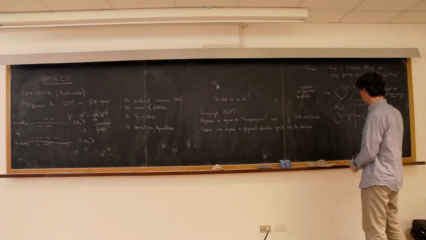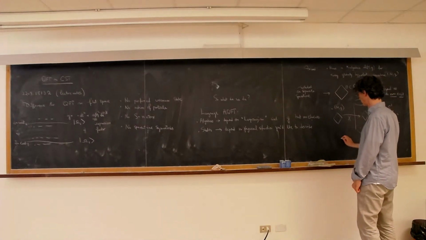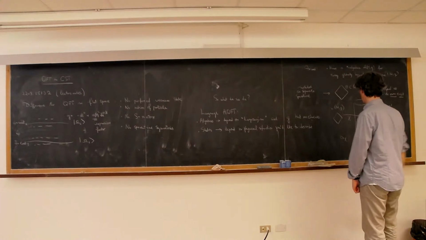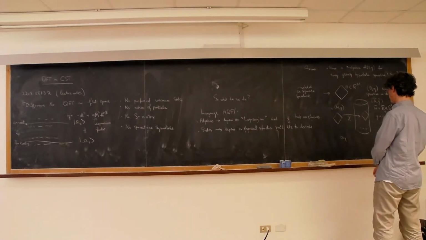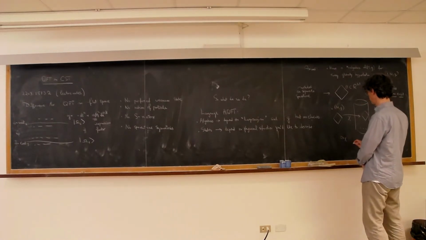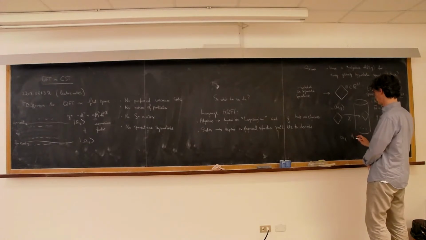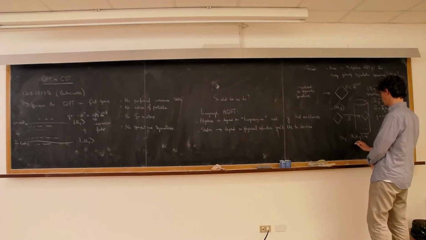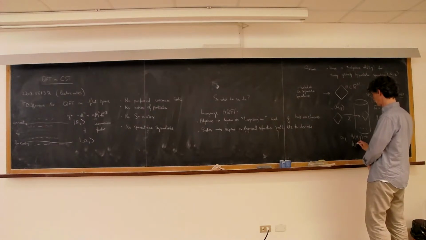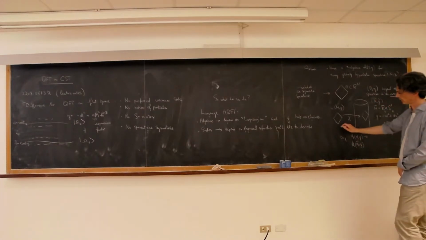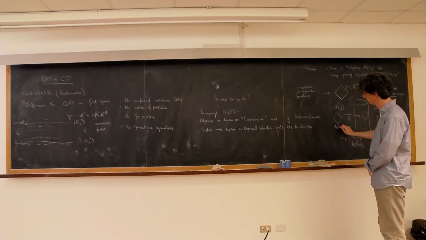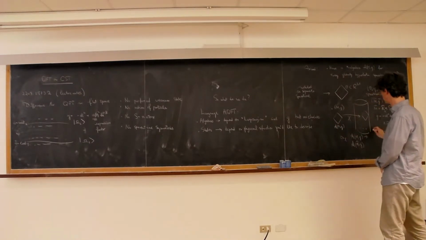And then you want to say that there is some map alpha chi going from the smaller algebra to the larger one.